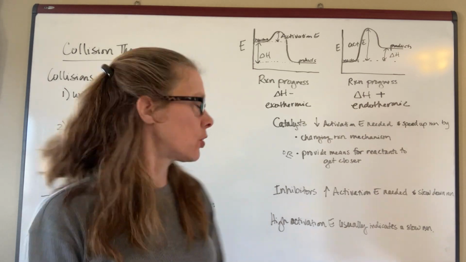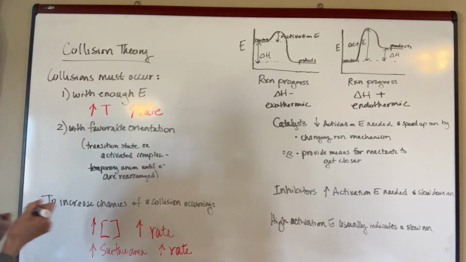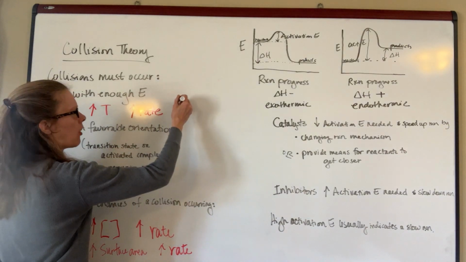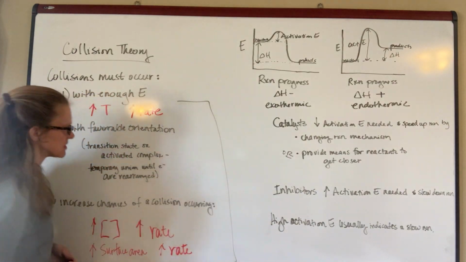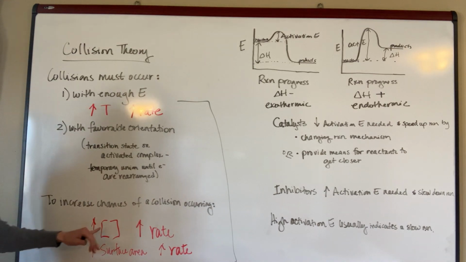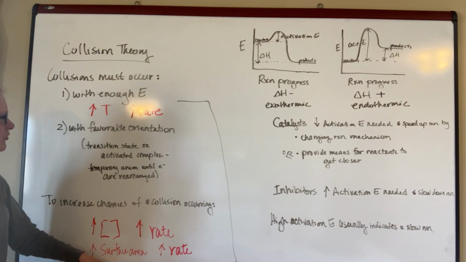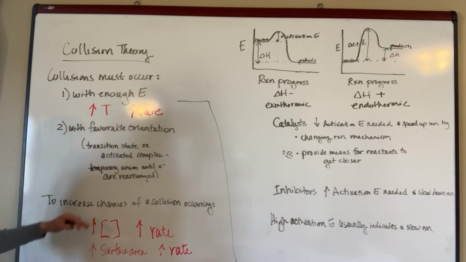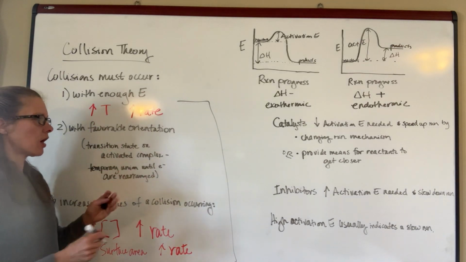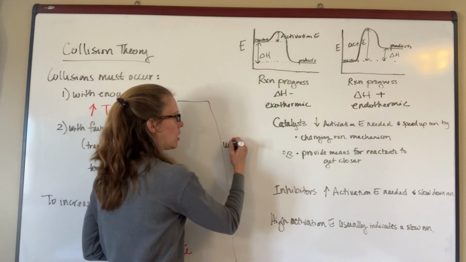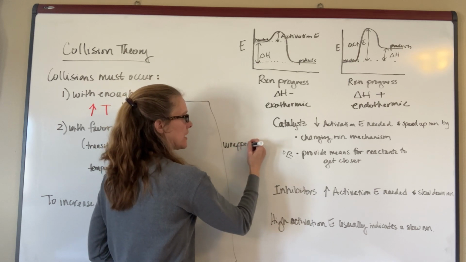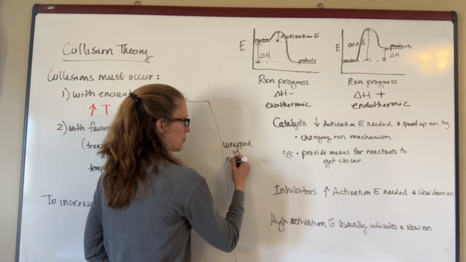Okay. So, the other thing I wanted to mention was that really all of this stuff, concentration, not so much, but the surface area, the temperature, the orientation of the molecules, all that kind of stuff is all wrapped up in your rate constant for your reaction.